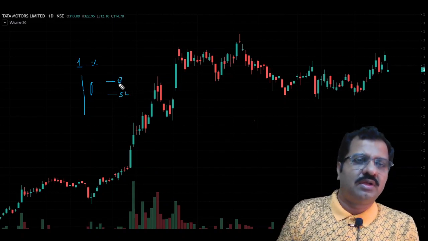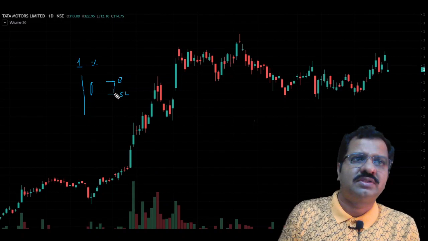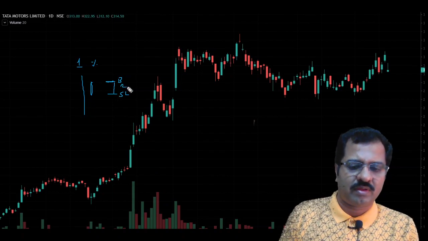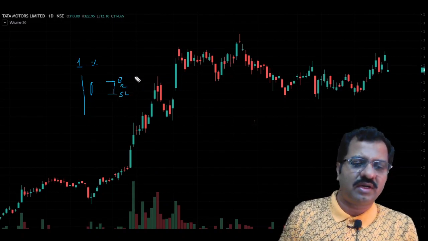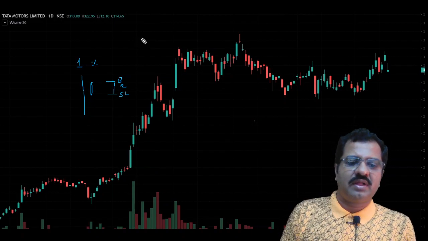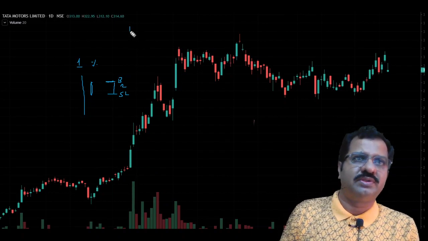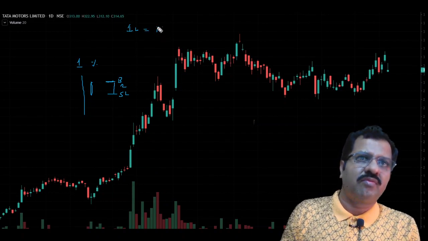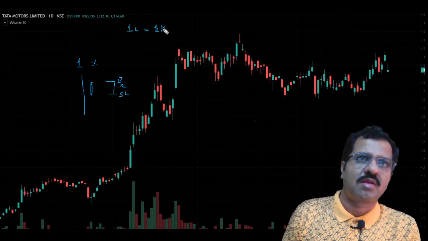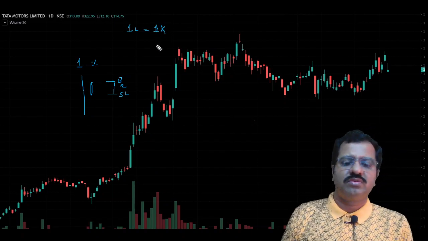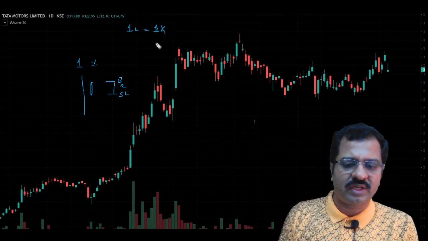If this is, say, 2, and your total trading capital is, say, 1 lakh rupees, then 1% of 1 lakh is 1000. You should not lose more than 1000 rupees on any trade.